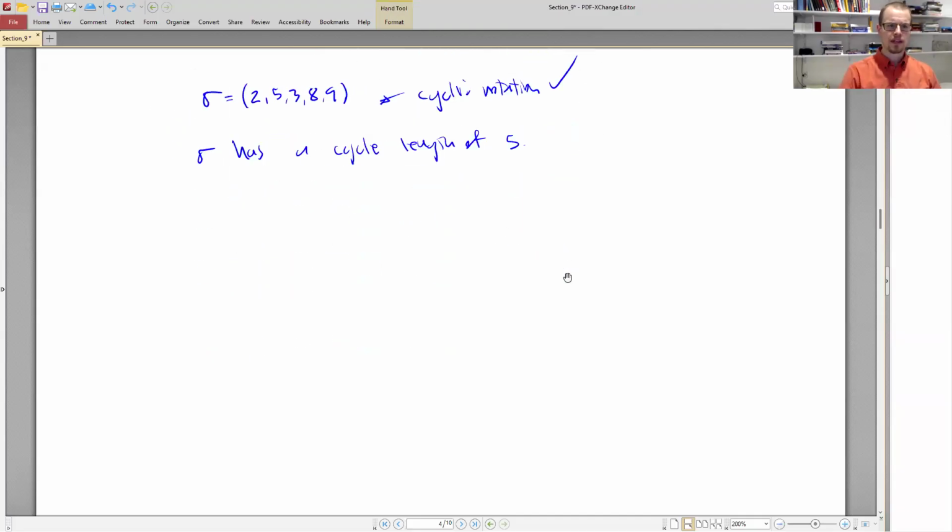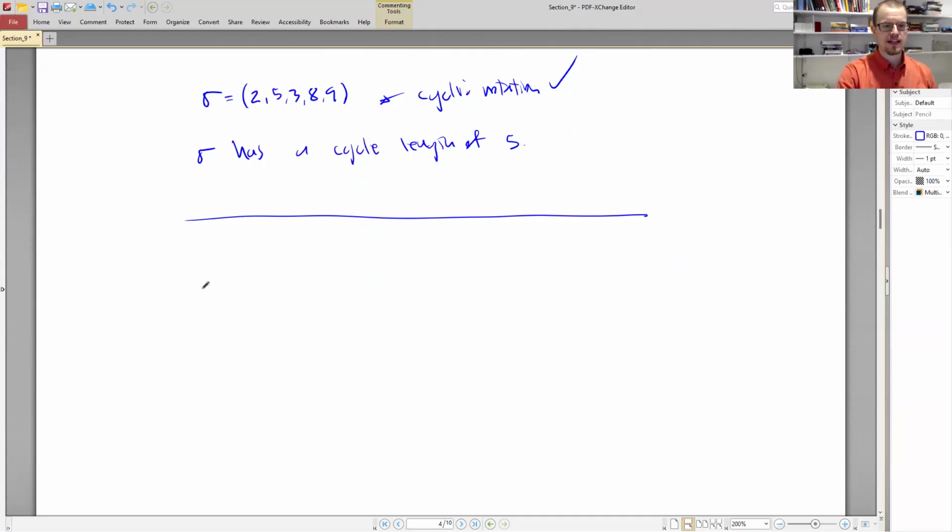All right. And just to help us reinforce this notation, let's say that I am looking at sigma, which I can write as (1 4 2 3) in S8. So this is where it's important that I specify that I'm working in the symmetric group where A is 8, right?